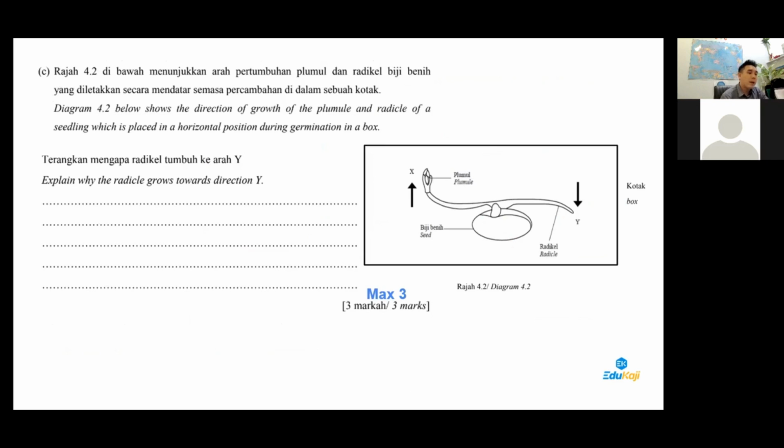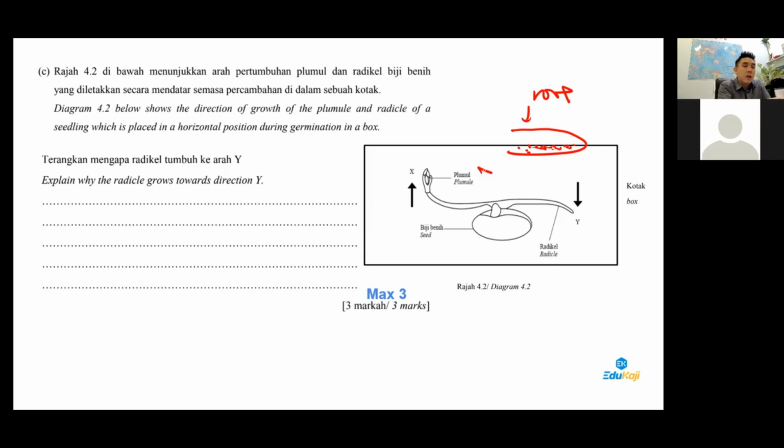Okay, Y radical grows towards Y. Guys, revision, why does it grow towards Y? Because of gravity, auxin is pulled downwards. I'll label this the root. But if you remember, at the root, special case, guys, I'm sure your teacher taught you.